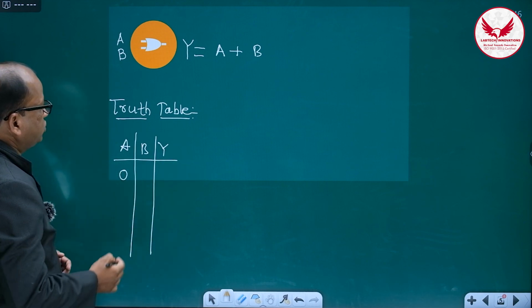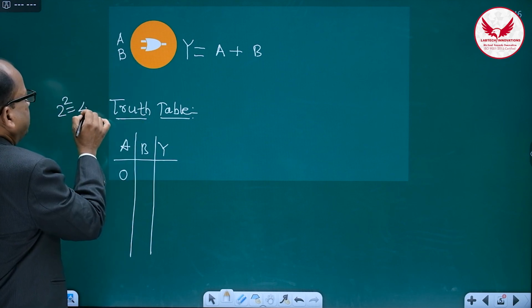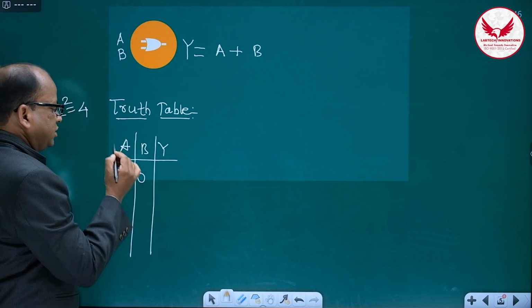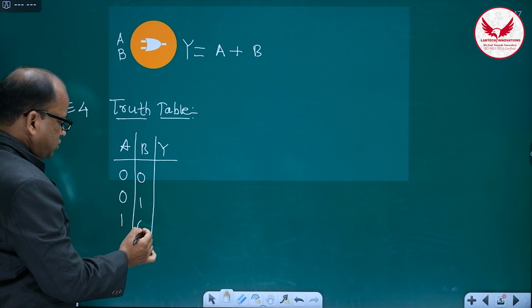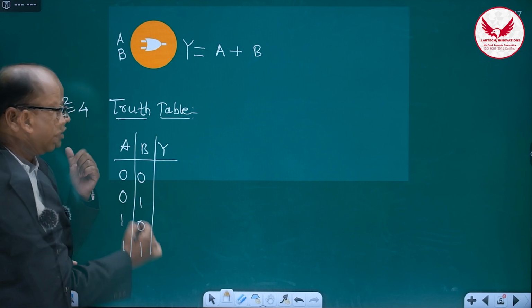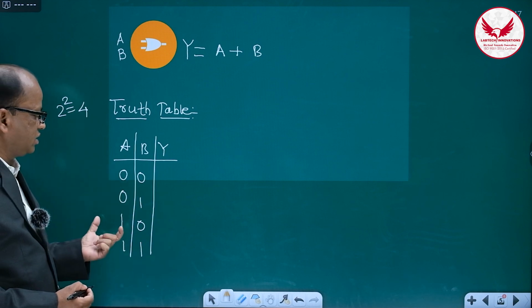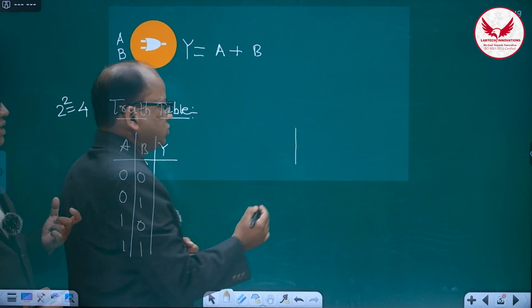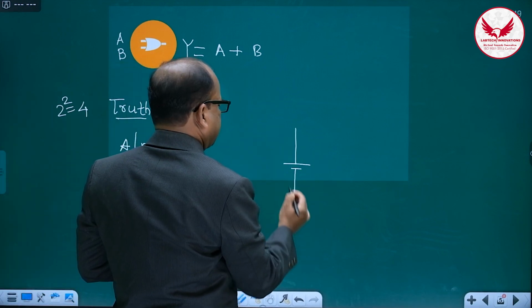As here also two inputs are there, likewise in case of AND gate, here also 4 combinations are there: 0 0, next is 0 1, third is 1 0, and fourth is 1 1. As far as these inputs are concerned, the switches are connected in parallel. So for OR gate, the circuit diagram is like this.